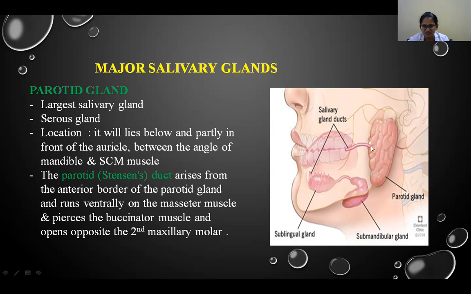Next, this is the salivary duct, the parotid duct.